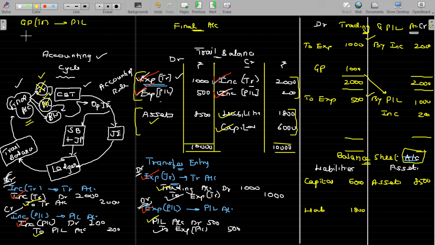P&L account debit, P&L account to. So what's the entry? P&L account debited or credited? Debit. Yes, GP is left with what? Credit balance. Isn't it? Profit is a credit balance.